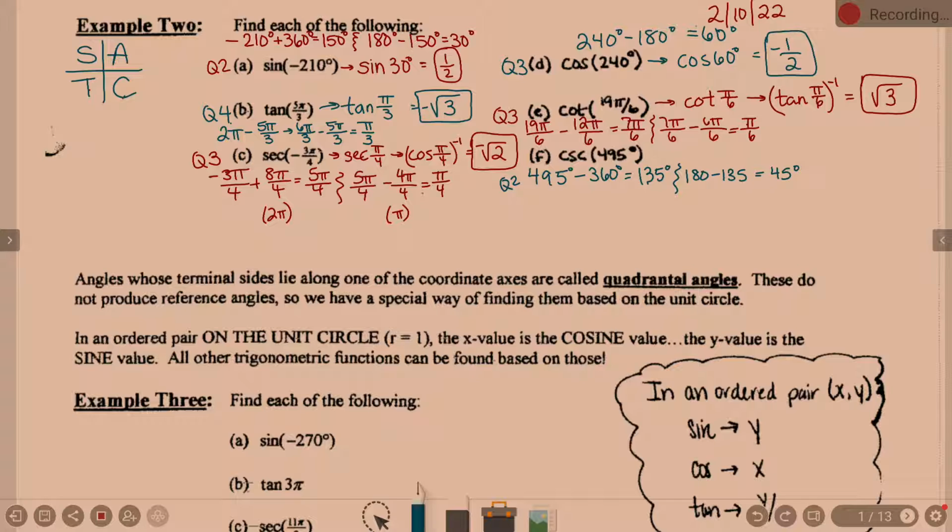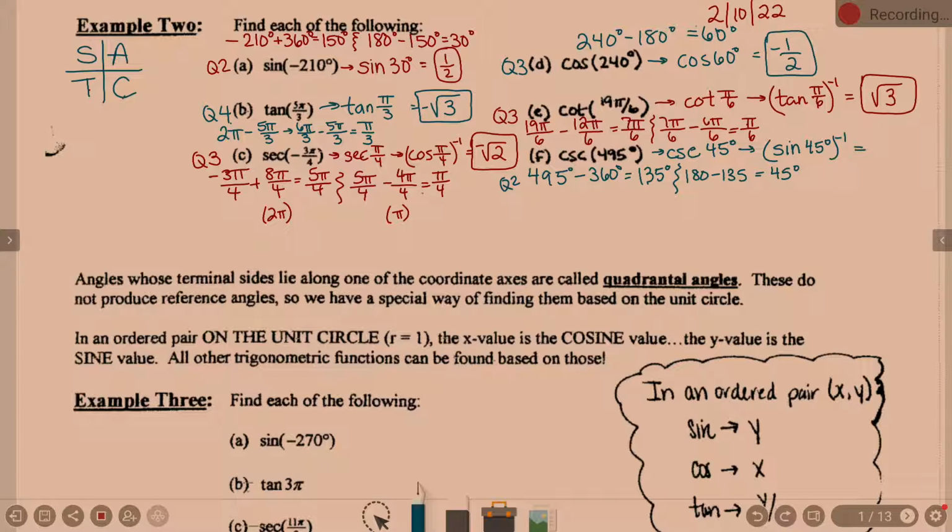So I am saying, what is the cosecant of 45 degrees in quadrant 2? Or, if you don't like that, what's the reciprocal of sine of 45 degrees?